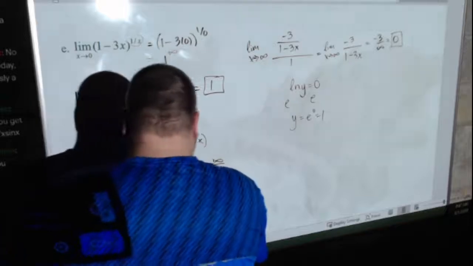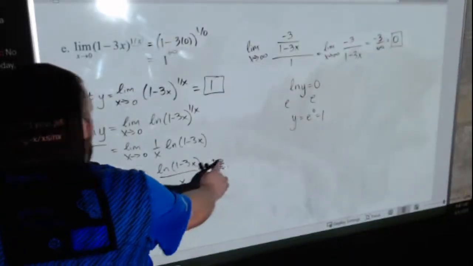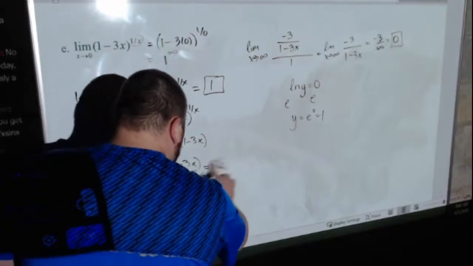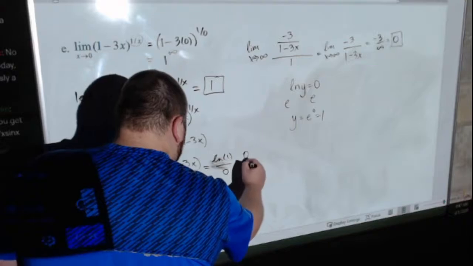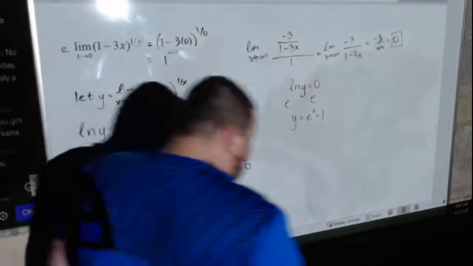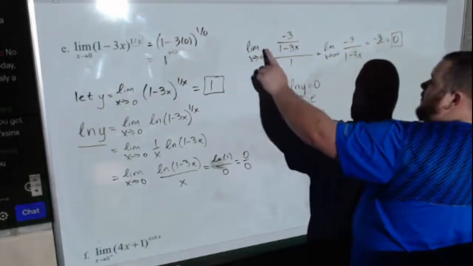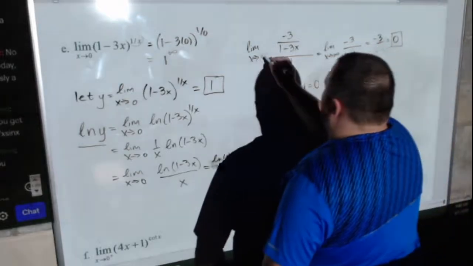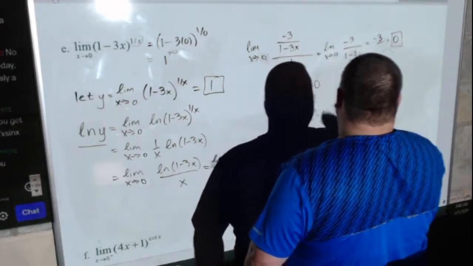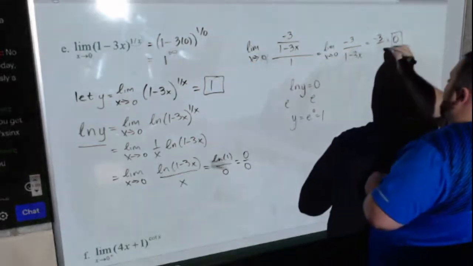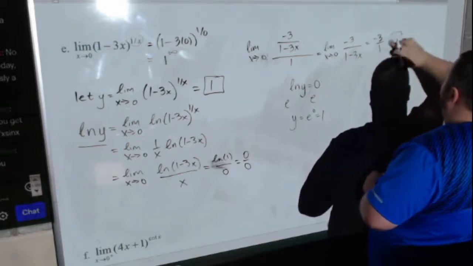So if I plug in right here, this goes to 0. Natural log of 1 is left behind. And then I have 0, so I get 0 over 0. Still an indeterminate form. And then when I plug in over here, I'm going to get negative 3 over 1, or negative 3.